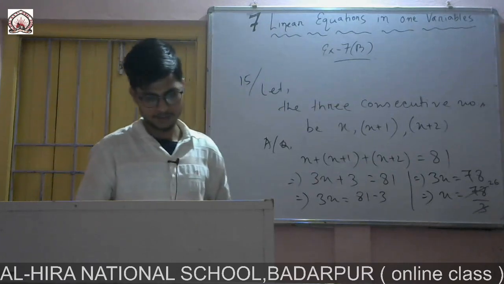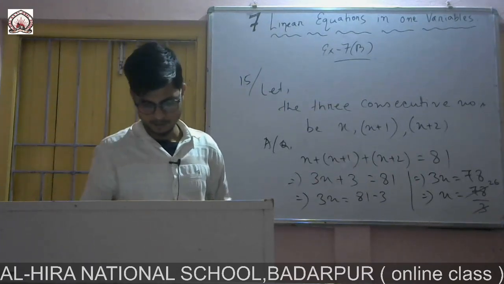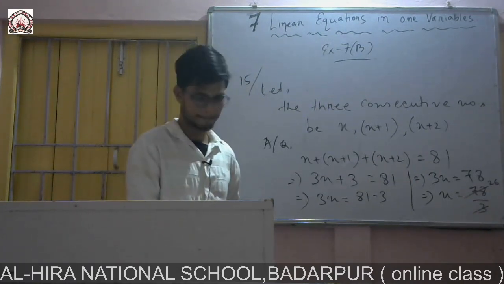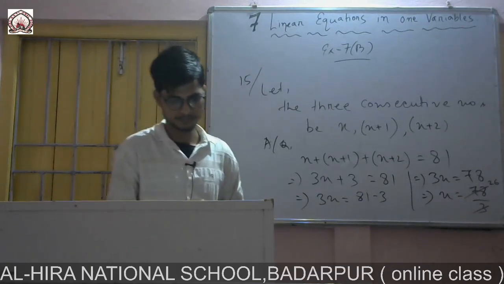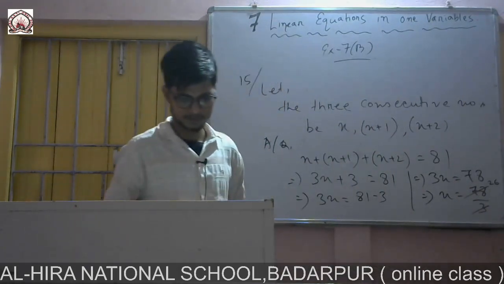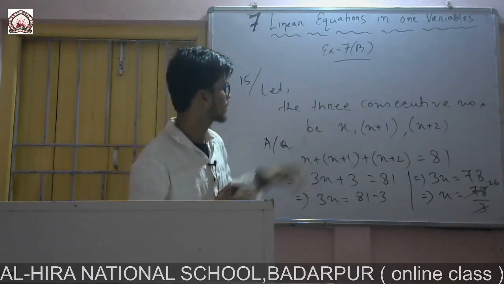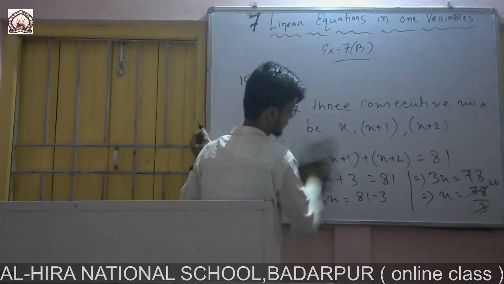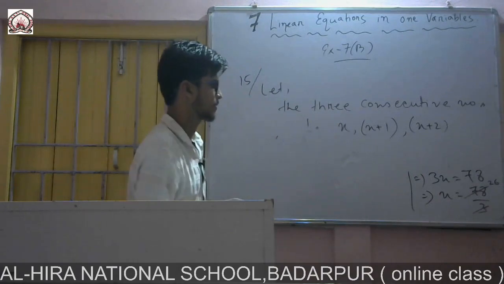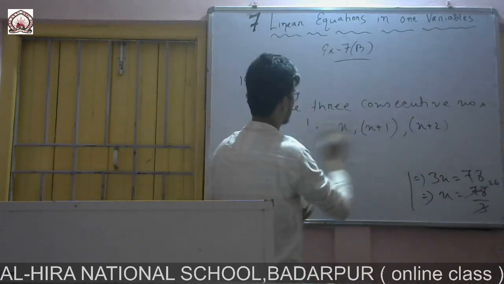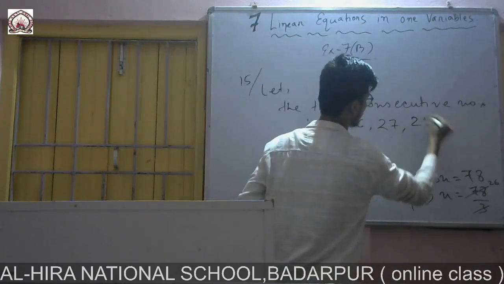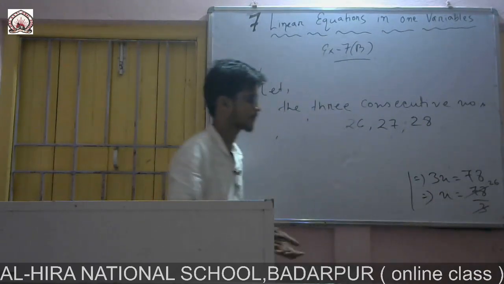So therefore you write, the 3 consecutive numbers are 26, then 27, and at last 28.